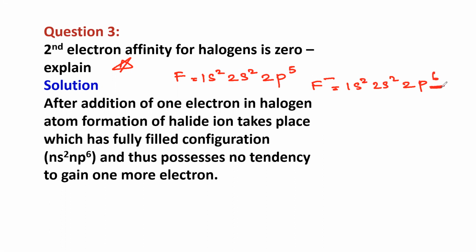So second electron affinity is not possible because all the electrons are filled in the subshells, that is 1s2, 2s2, 2p6. After addition of one electron in a halogen atom, a halide ion forms, which has a fully filled ns2 np6 configuration, and thus possesses no tendency to gain one more electron. That's why the second electron affinity, meaning second electron gain, is 0 for halogens.